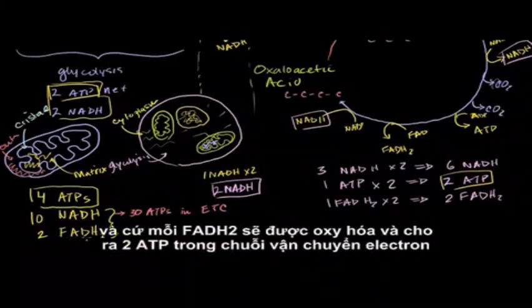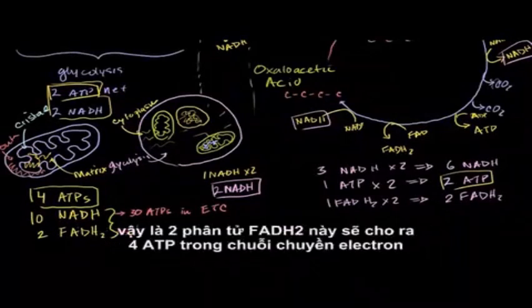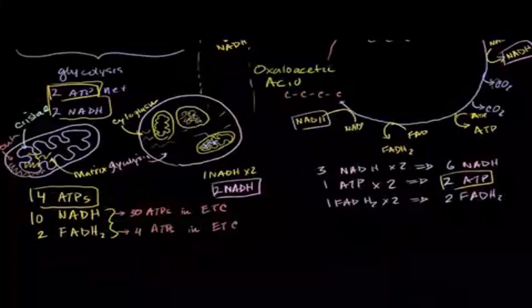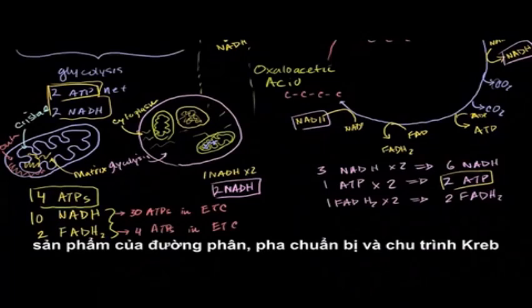And each FADH2, when it gets oxidized and turned back into FAD in the electron transport chain, will produce 2 ATPs. So 2 of them are going to produce 4 ATPs in the electron transport chain. So we now see we get 4 from just what we've done so far, glycolysis, the preparatory stage, and the Krebs or citric acid cycle.